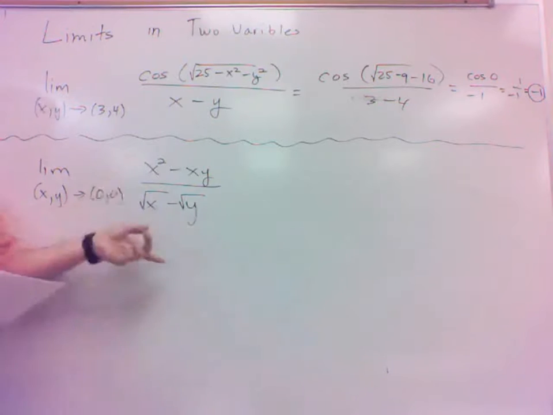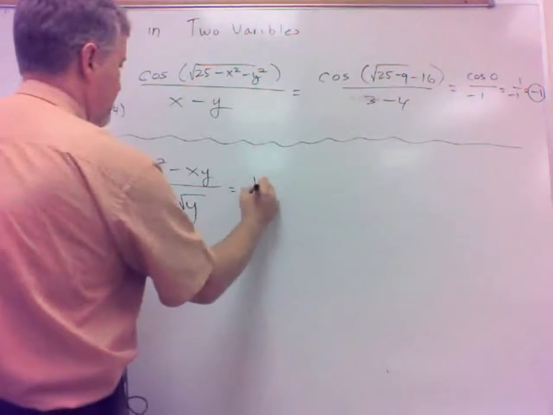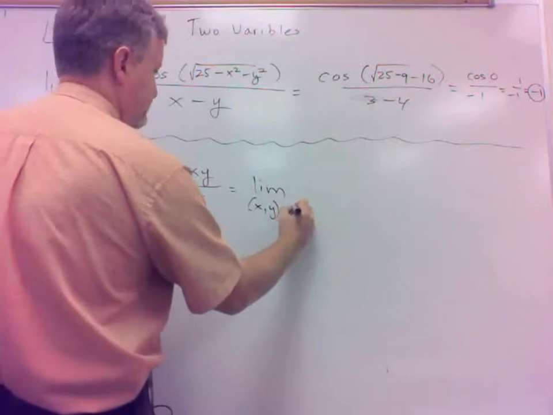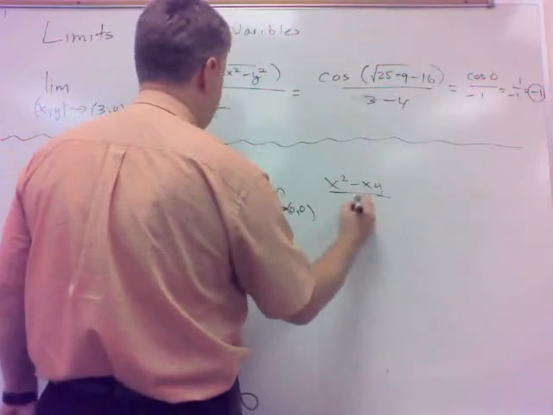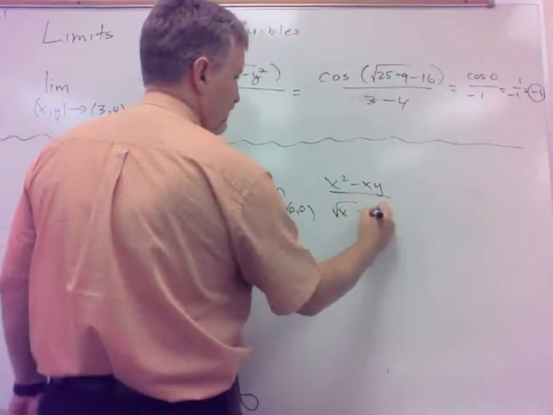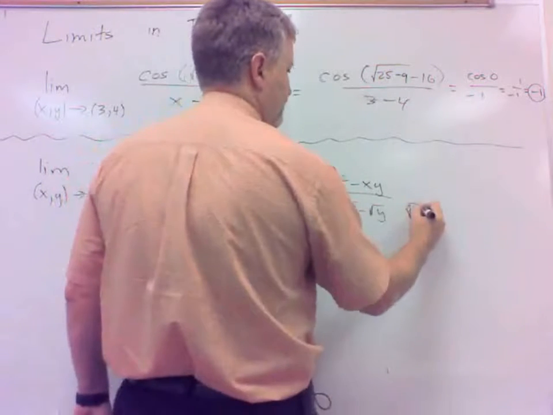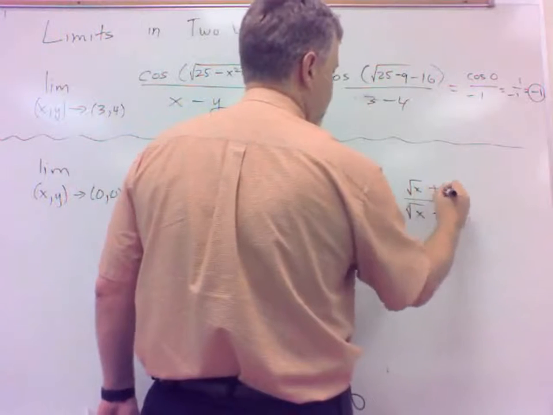Here we can't substitute in, but with the square roots, remember we learned about the conjugate, and sometimes that can be helpful. Multiply top and bottom by the conjugate of the square root part.